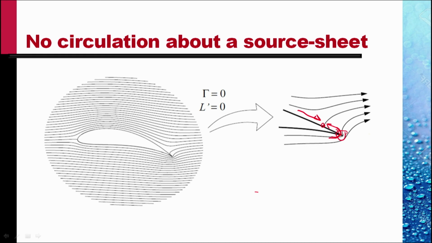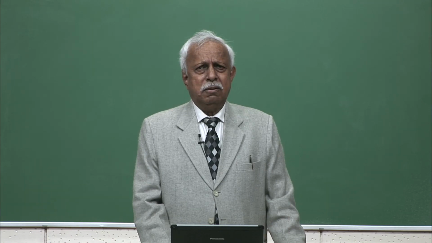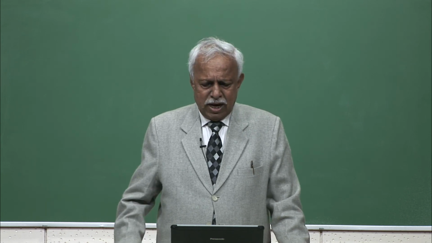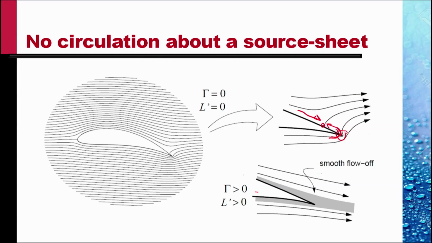A famous scientist by the name of Kutta produced a theorem which says that the actual flow has a circulation which is non-zero, which predicts a non-zero lift, and that circulation can be predicted.